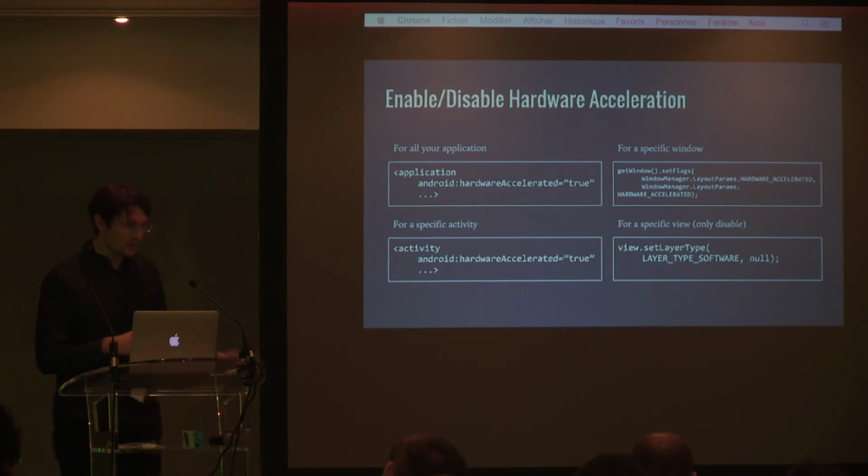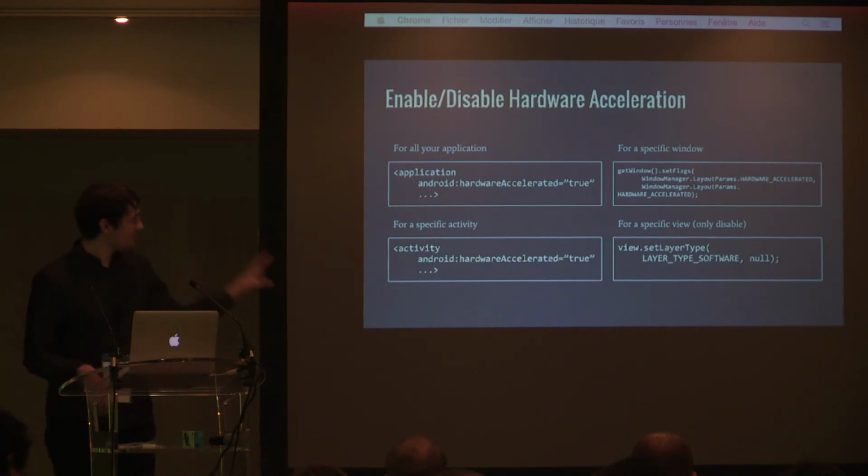Same thing, hardware accelerated false on the activity tag, and you can do it on the window. The first two methods disable also the hardware acceleration on the window. So it's the same thing, just two that can be done in the manifest and one by the code.